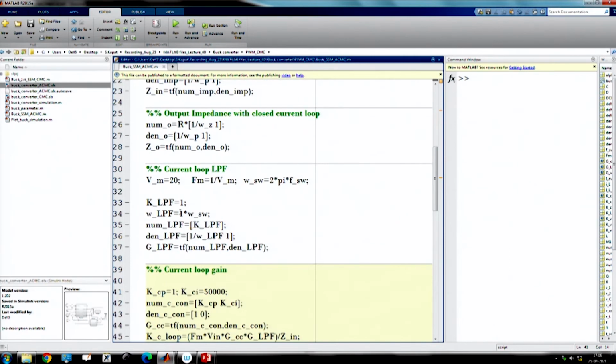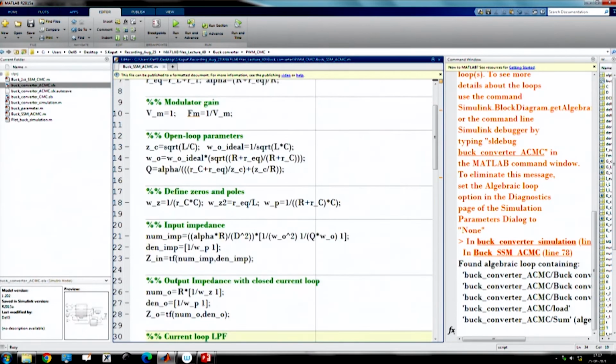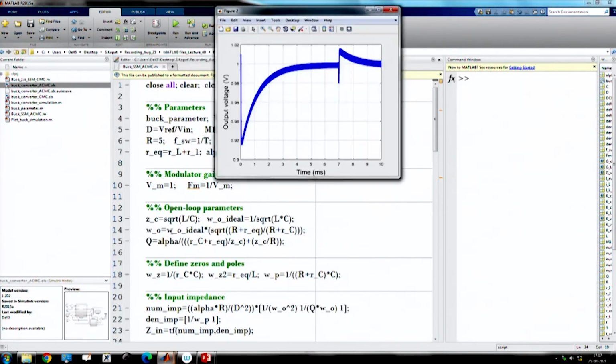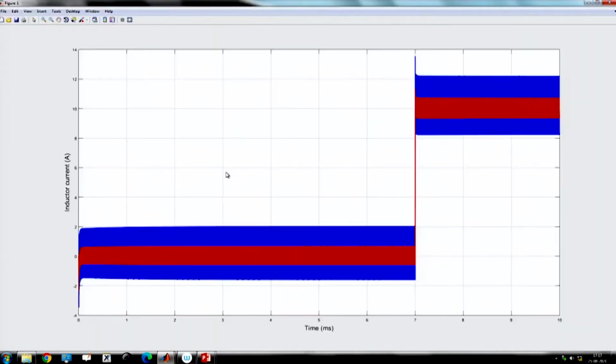And for the low pass filter, initially we will take a very low bandwidth current sensor, let us say 0.5, and see what happens. Low bandwidth.